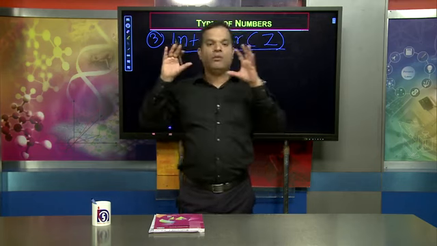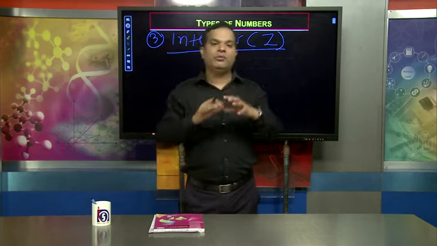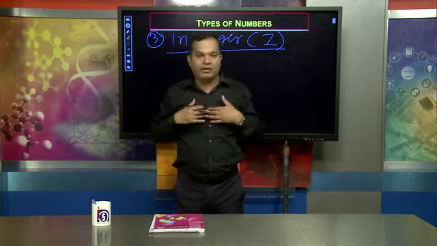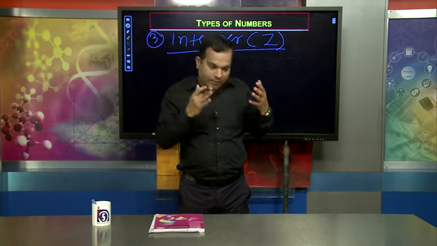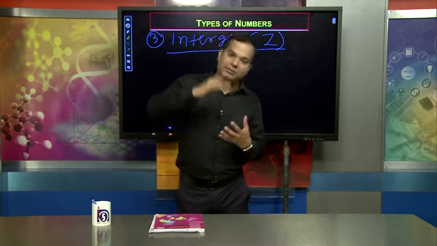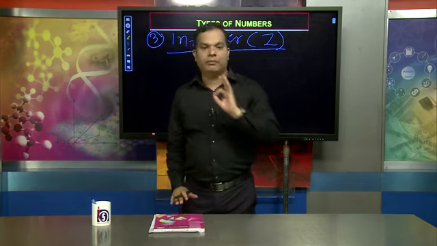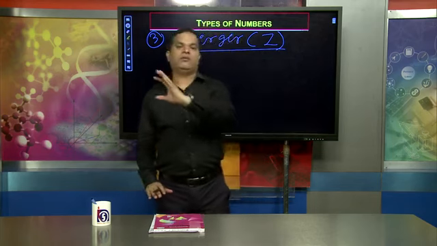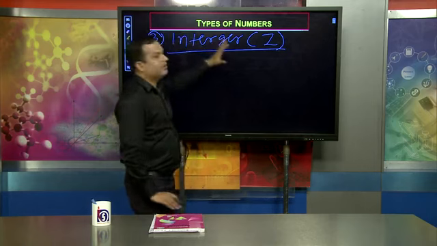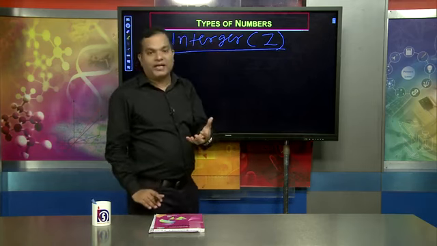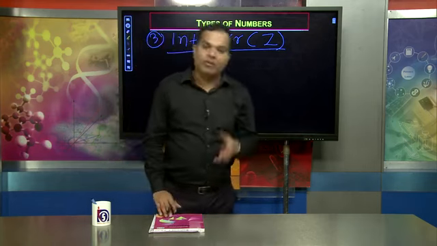The number system is one family. In a family we have different members like our brother, sister, mother, father. Similarly, the number system is a family. Natural numbers are one family member, whole numbers are one family member, and similarly integers are one kind of family member in the number system.